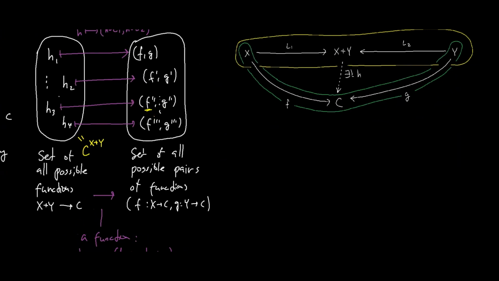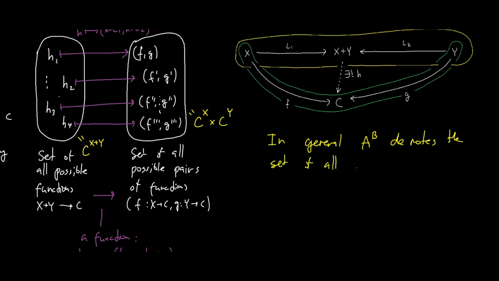So the set of all functions from x to c will be denoted by c to the power x, and the set of all functions from y to c will be denoted by c to the power y. So these pairs will then be elements of the Cartesian product. So in general, a to the power b denotes the set of all functions from b to a.